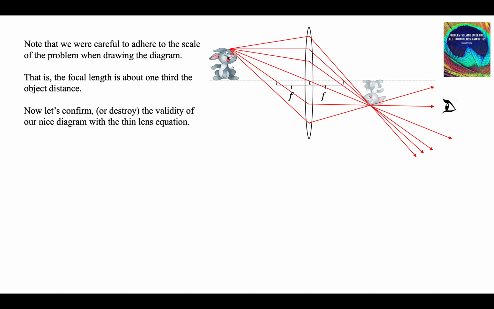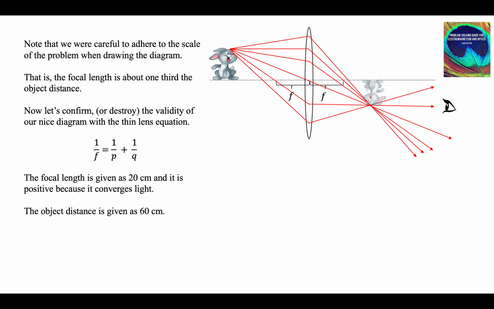Now we can try to use the equation to see if it's consistent with our diagram. So there's the equation. The focal length is 20 centimeters. It's positive. It's a converging lens. The object distance is 60 centimeters. We can plug it in. We can subtract 1/60th from each side.